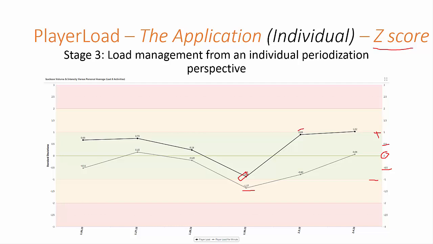Is this tapering off for a game, or is this because they're starting to see fatigue? So digging into that and understanding, am I overloading them and they're not adapting and they're starting to drop off, or is it because I've designed the practice to do exactly that?